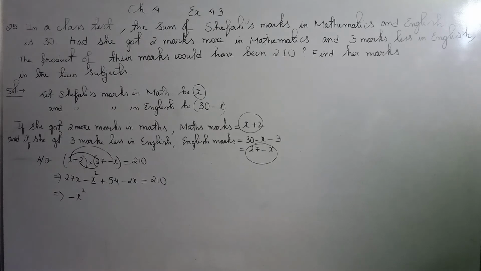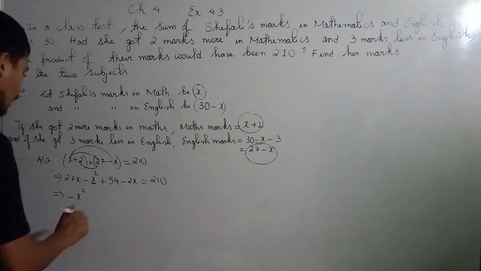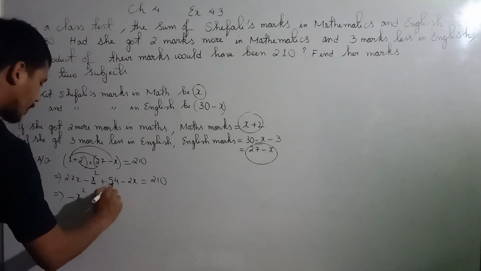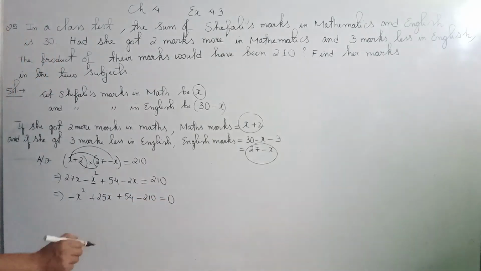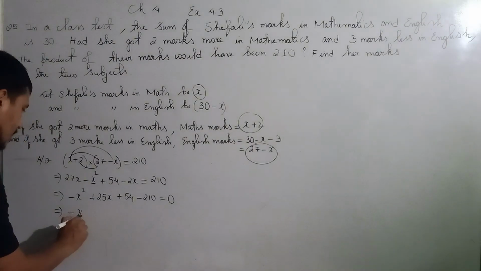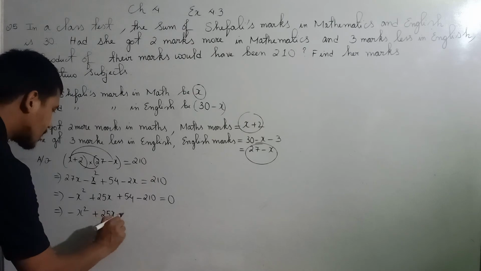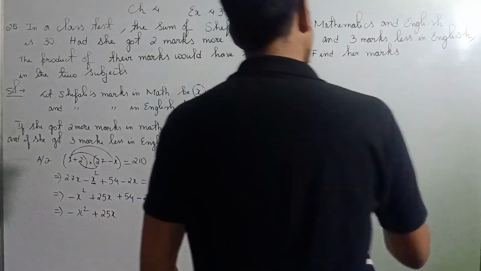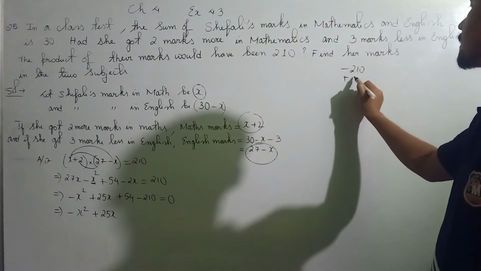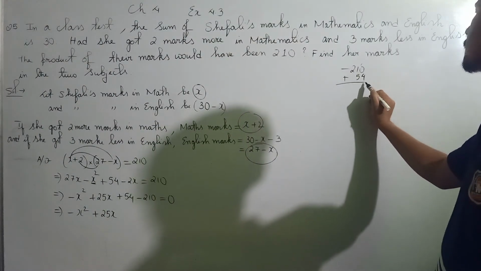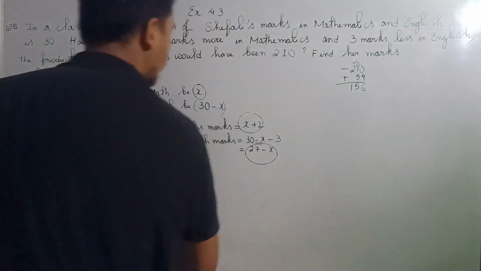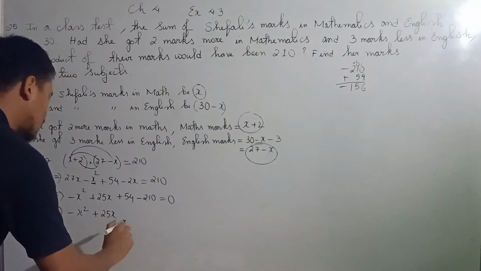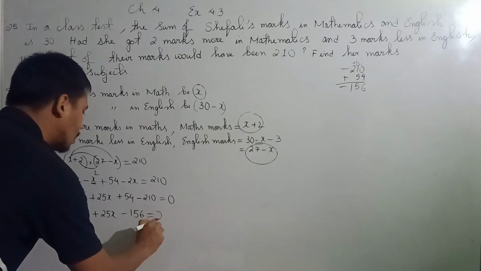I'm rearranging according to the decreasing power, so minus x square comes first. 27x minus 2x is 25x. We have plus 54, and then I can transpose this as minus 210 equal to 0. So we have minus x square plus 25x, 54 minus 210, which is minus 156, equal to 0.